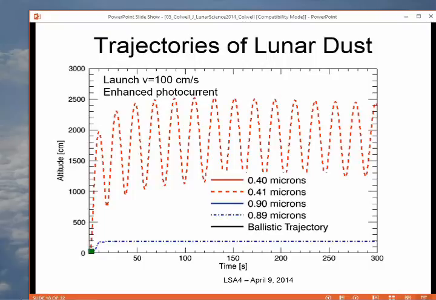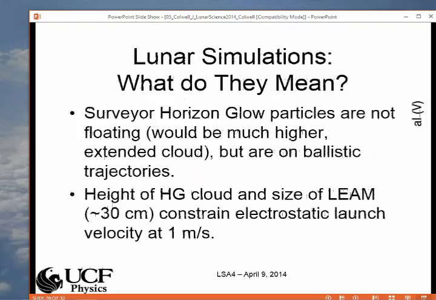It still has a positive charge because it's emitting photoelectrons from solar UV. So once it gets closer to the surface, it enters back into the photoelectron sheath, it feels that electric force push it back up, and you get this oscillating motion. So you can get this stable levitation, but at these higher heights, and that's a function of the particle size.